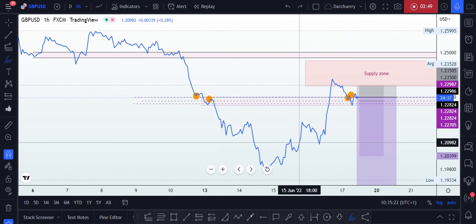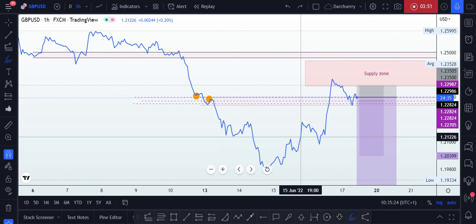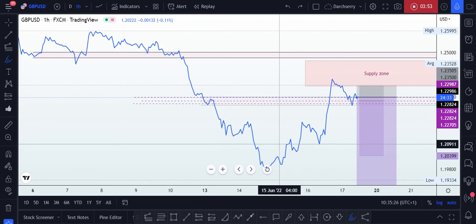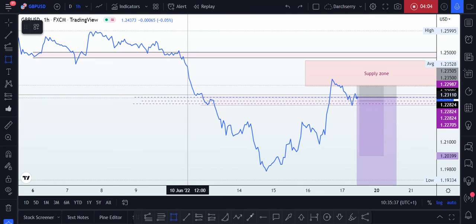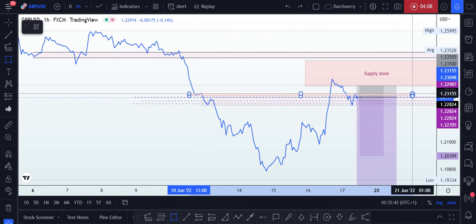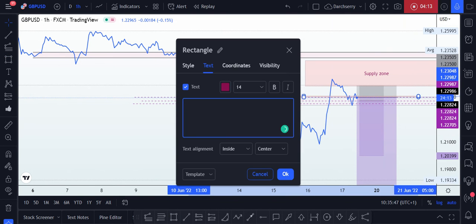For me at this point, this area appears to be a significant level which has been a major determinant of price action, as anytime price comes into this area, we either see a retest or we see a support from this level. So this area will be my key level going forward. 1.23 appears to be a significant level to guide our action going into the new week.